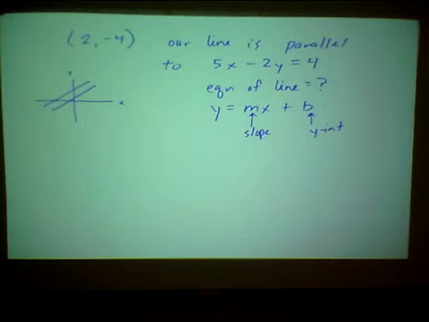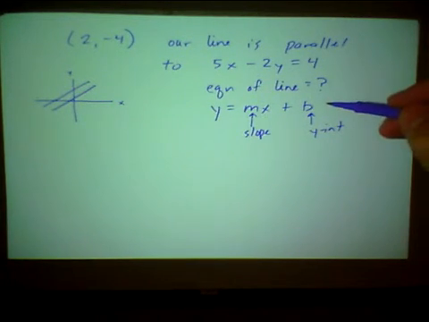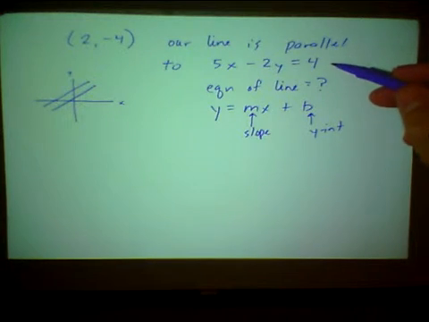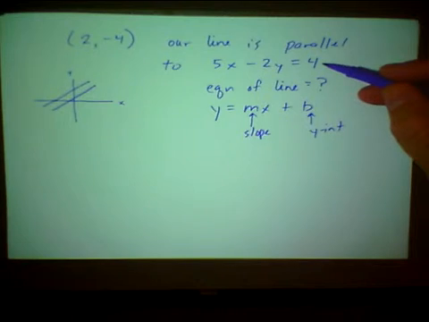Well, the key is I can find the slope of my line by realizing that the slope of my line is the same as the slope of this other line. So if I can get the slope of this other line, then I have the slope of my line. So let's do that. I need to take this equation for the second line and find the slope of this line.